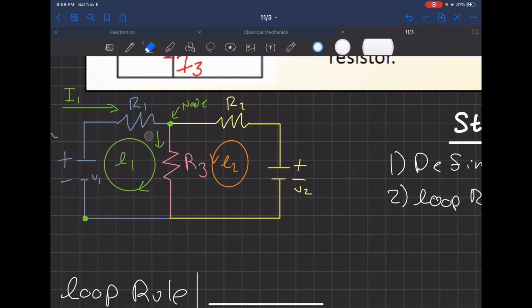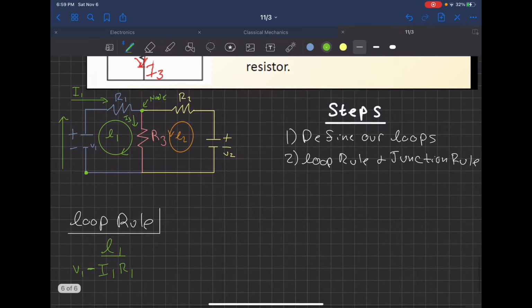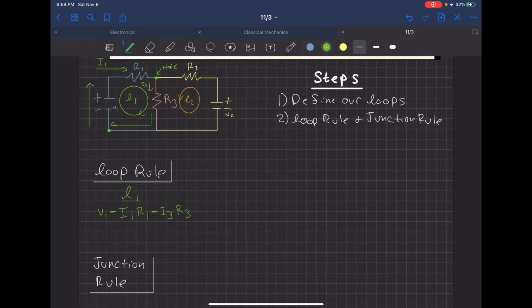So we are going to define it as I3, because I want to put I2 on this side when I'm going through in a second here in loop 2. So we have I3 passing over resistor 3, so we're going to get minus I3 R3. And then we come back around and we hit our node. At that point, we know that we've completed the whole circuit, and therefore this is equal to 0.